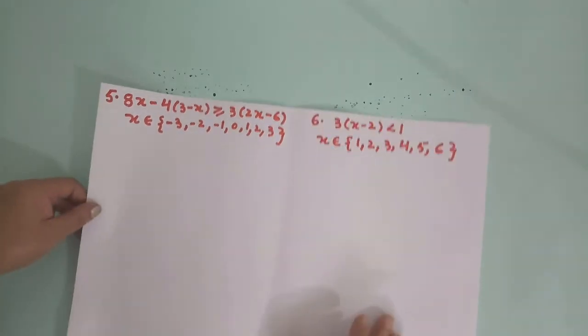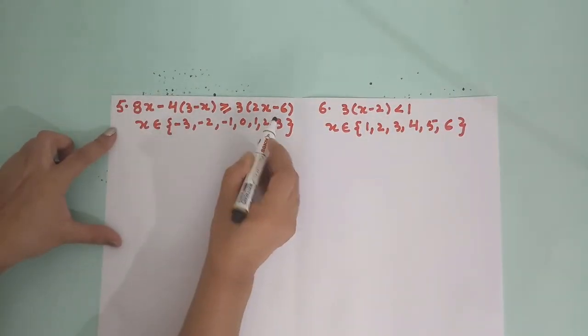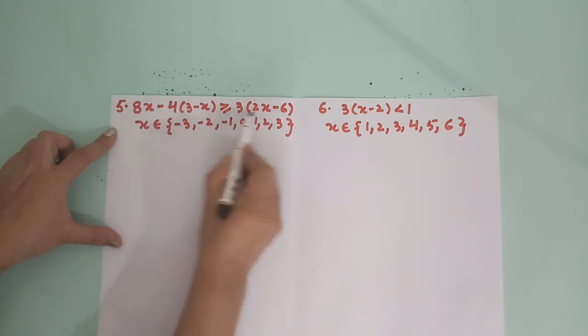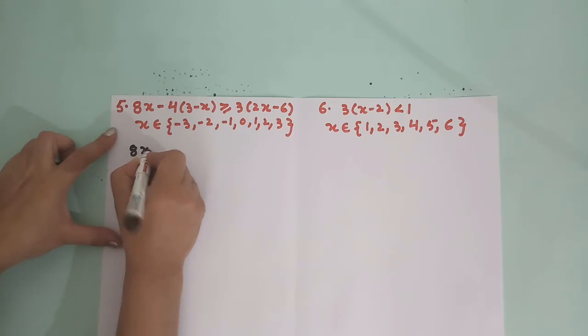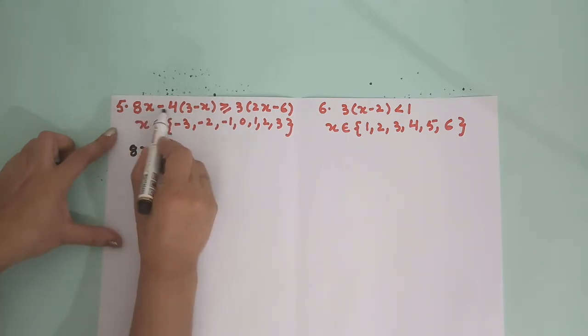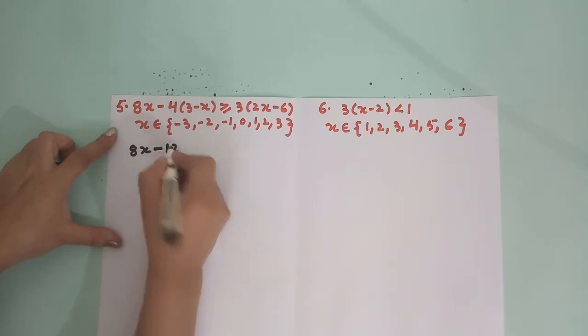Some more examples on this. This seems a little complicated when we have an equation of this type, so we will try to make it simple. 8x minus 4 into 3, so minus 12.